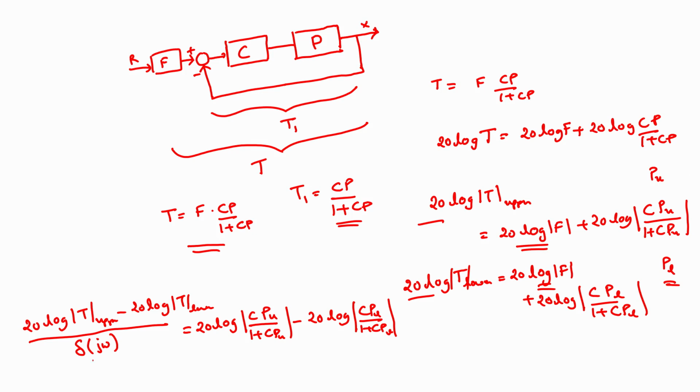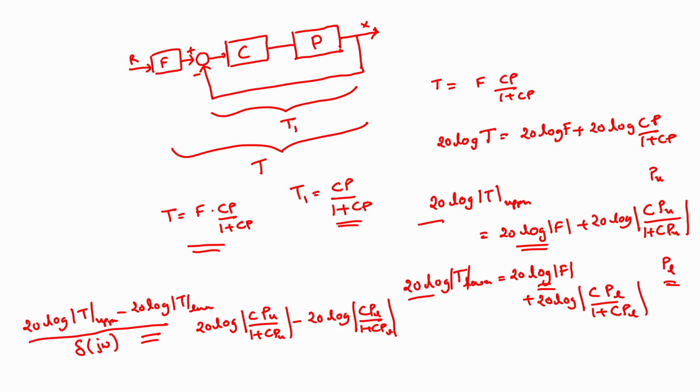So we have this equation that delta of j omega is equal to 20 log magnitude of C times P upper by magnitude of 1 plus C times P upper, minus 20 log magnitude of C times P lower by magnitude of 1 plus C times P lower.